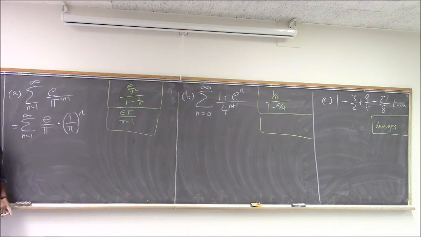Yeah. What happened? I prefer this method in general, but something is off. What's off? Yeah. So I picked a to be e. a is e. Oh wait. a can't be, or 1 over pi.